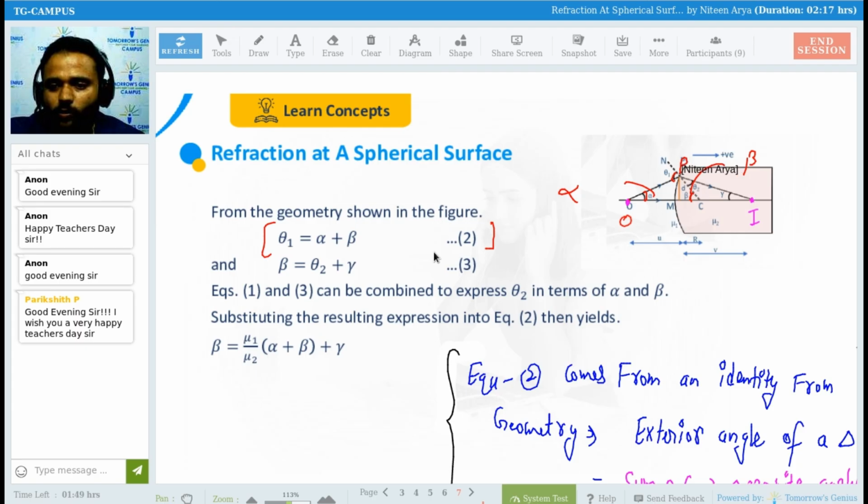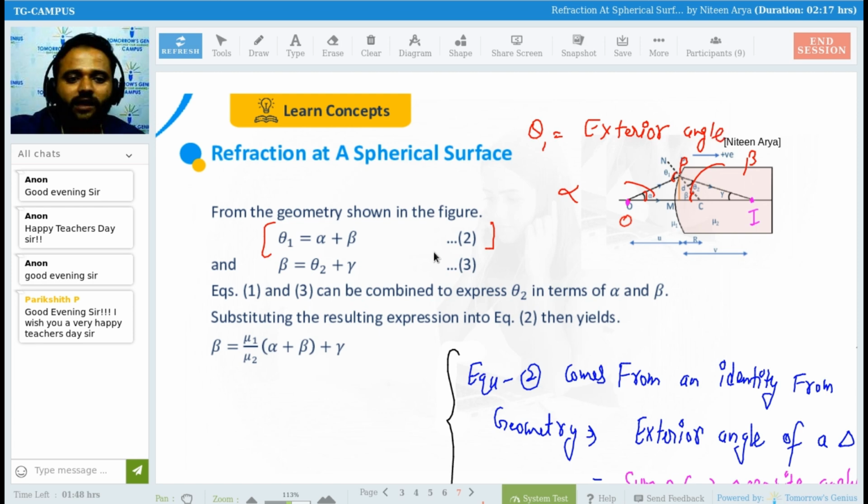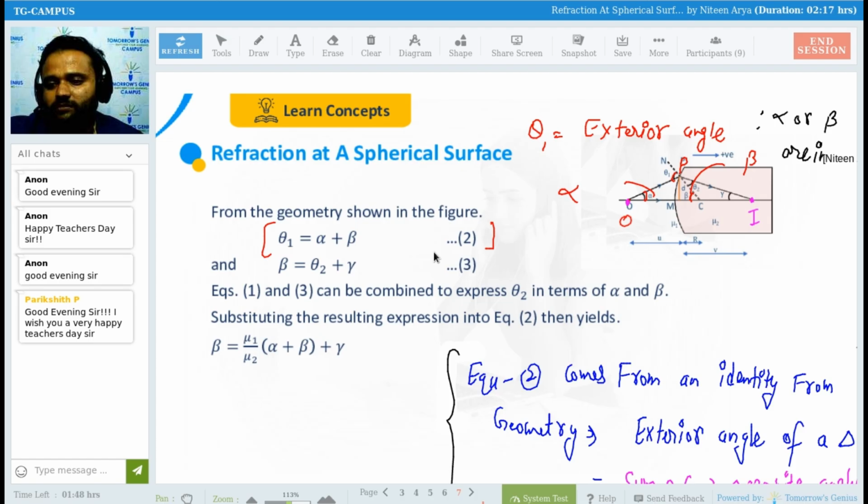In triangle OPC, the exterior angle is theta1, and alpha and beta are interior angles. Clear? So from this particular identity, we can write this equation. Is this clear, everyone?